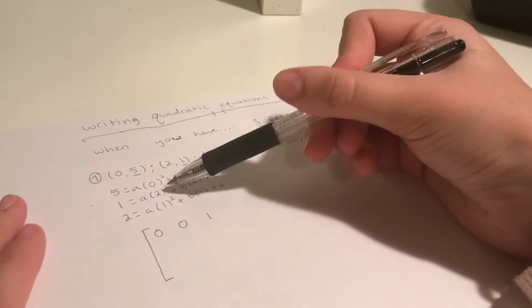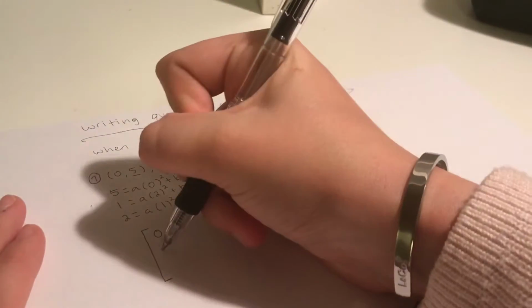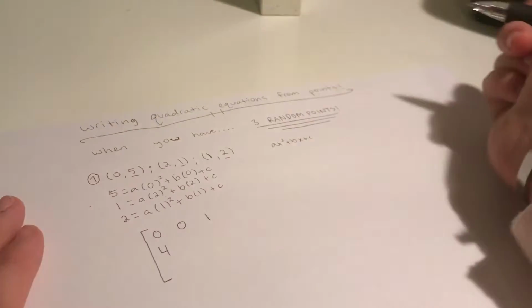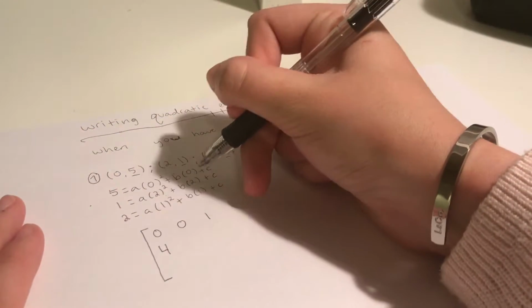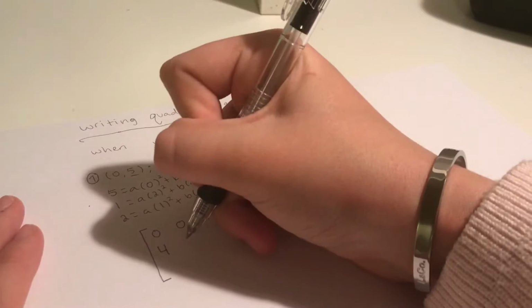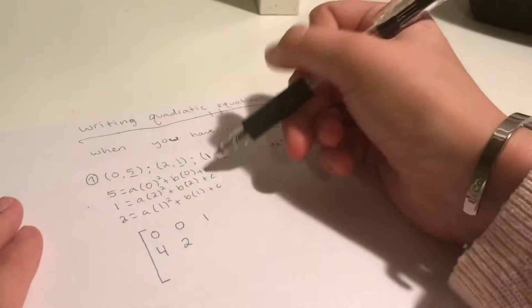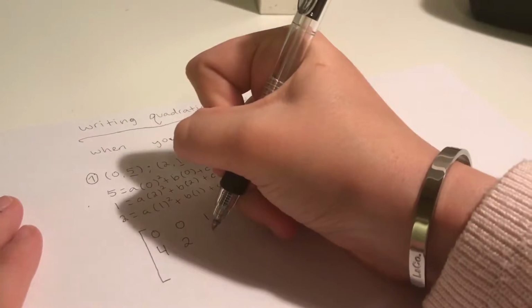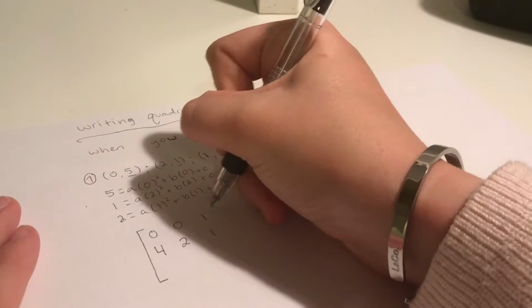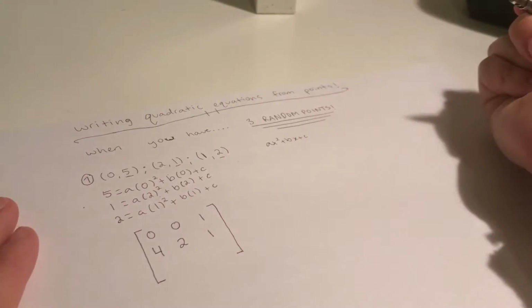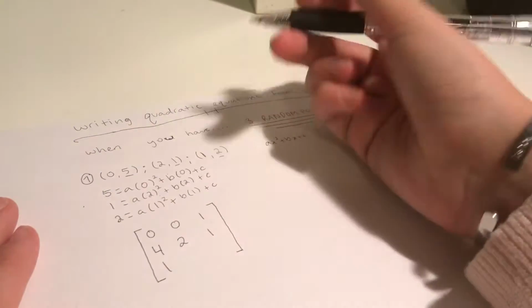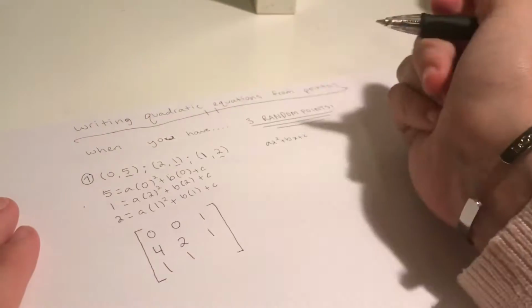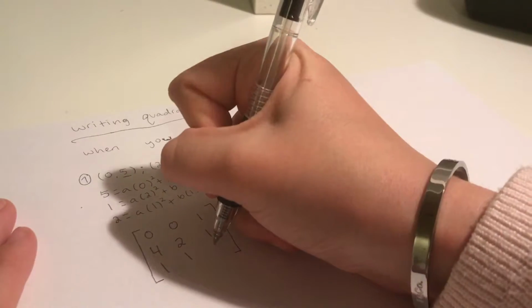For the next row, 2 squared is 4, so you write 4 in this position, and then 2 is on its own, so it's just 2, and c just has the 1, so it's also 1. For the last row, 1 squared is just 1, b is just 1 because there's no squared, and c is just 1c, so it's 1 again.